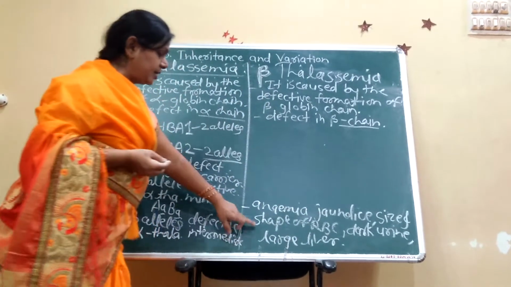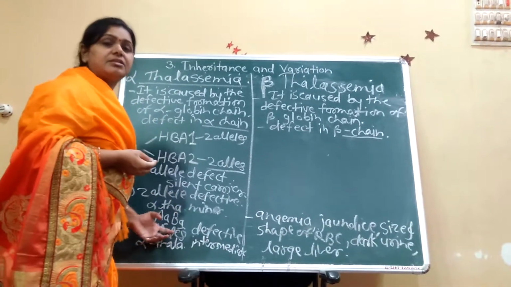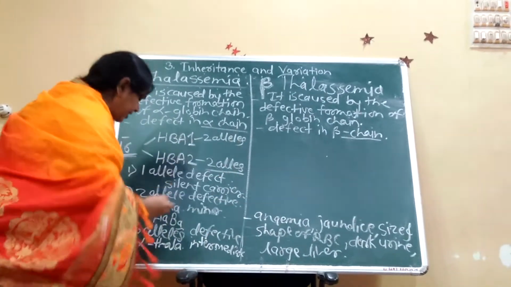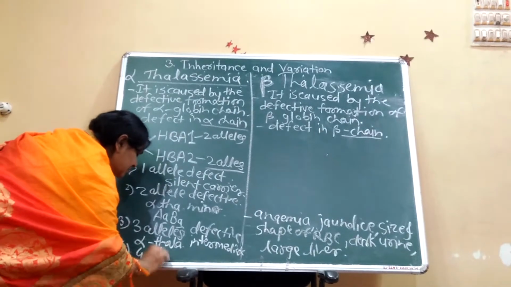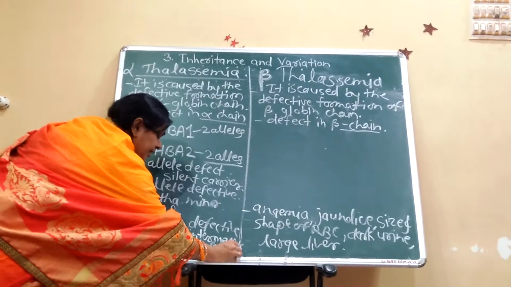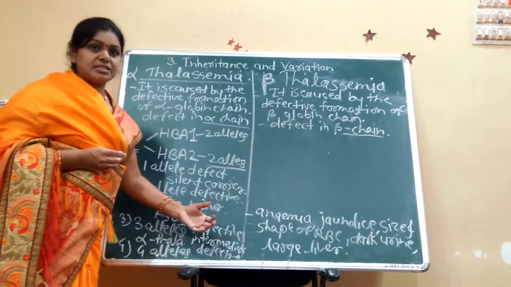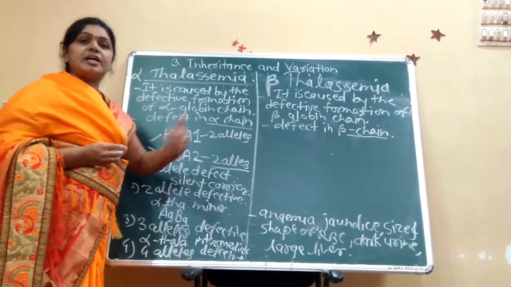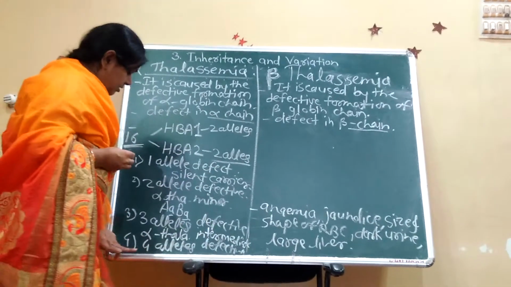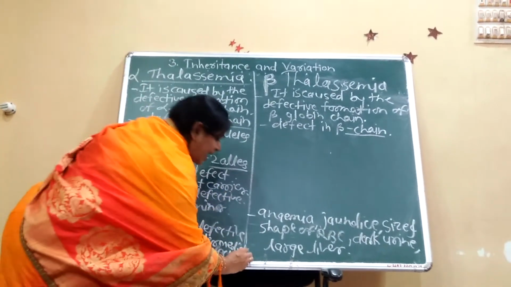That condition will be formed in the alpha thalassemia intermediate condition when 3 alleles are defective. But when 4 alleles are defective, that means the fetus dies, or after birth the newborn child will die. It is a very serious condition.